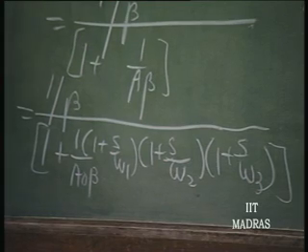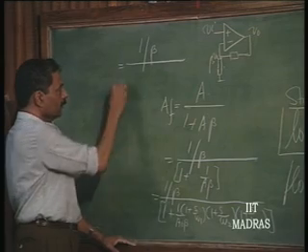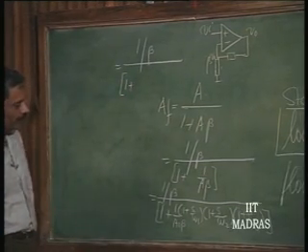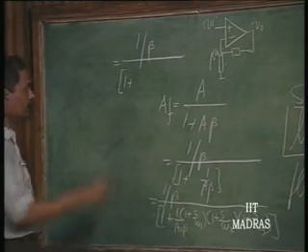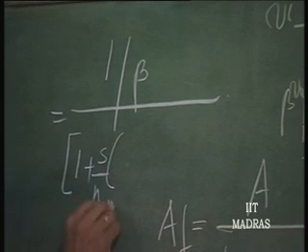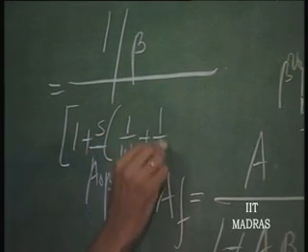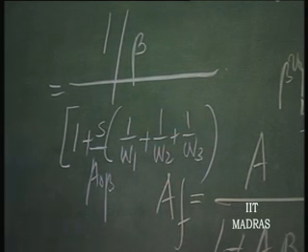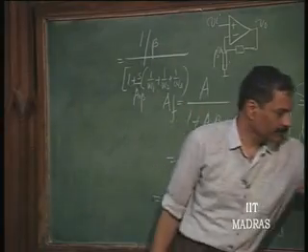So, what happens here? 1 over beta by 1. Then it will have a coefficient of S, which is S over A naught beta times (1 by omega 1 plus 1 by omega 2 plus 1 by omega 3). This is one part.